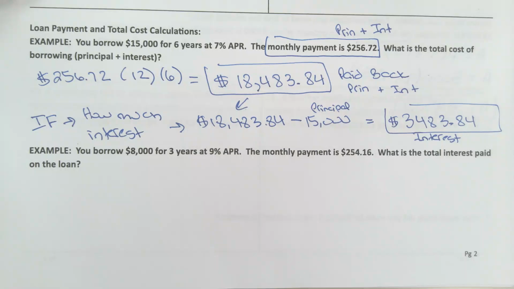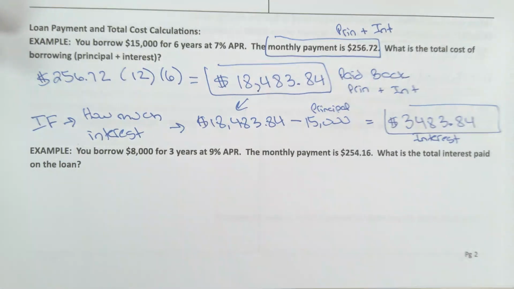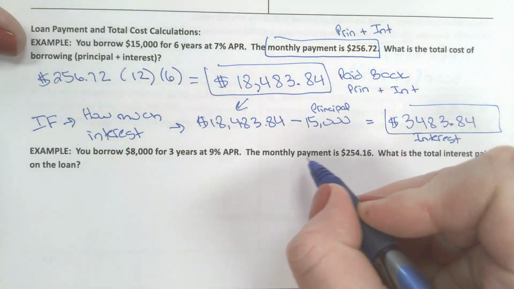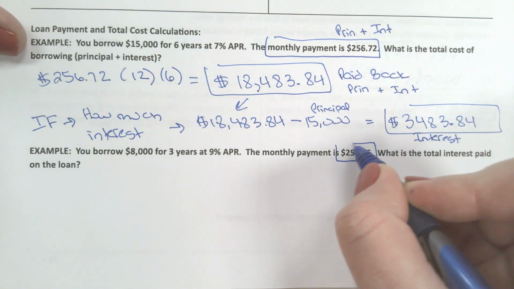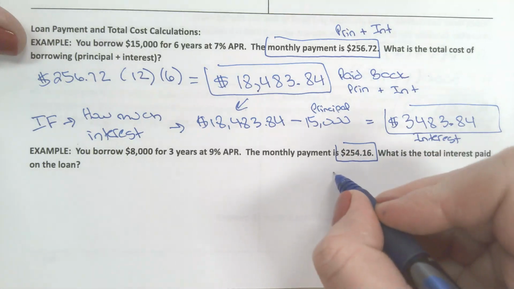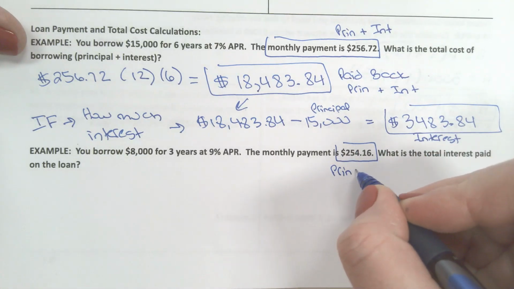I don't know why I have the same problem. You borrow this, here's your monthly payment. What's the total interest paid? Oh, that's just asking for step 2 to be done. Okay. So I have a monthly payment right here, which is principal plus interest.